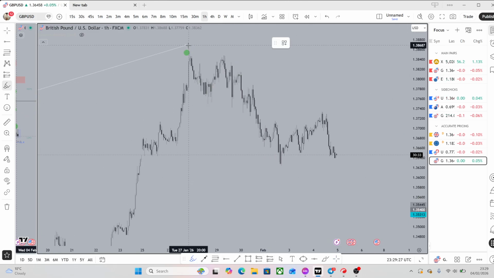So this is the H1 high, H1 low, H1 lower high, lower low, lower high, lower low, lower high, lower low, lower high, lower low, and we made a new high.